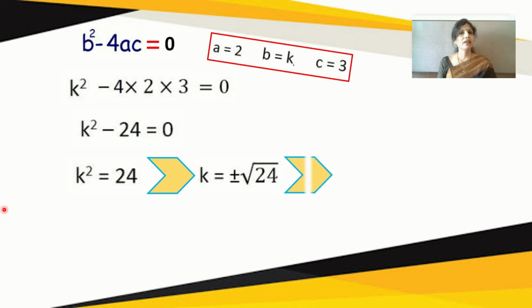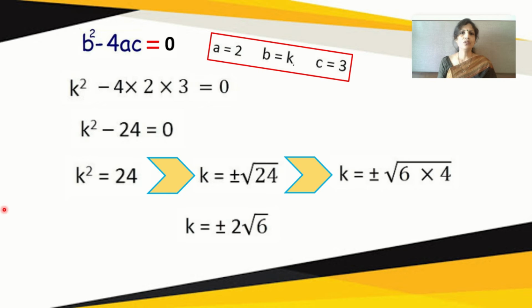So we get k is equal to plus minus, 6 4s are 24, and square root 4 is 2. So our final answer is k is equal to plus 2 root 6 or k is equal to minus 2 root 6. And both the values of k, if you substitute in the given equation, it is valid. So k can have two values, plus minus 2 root 6.